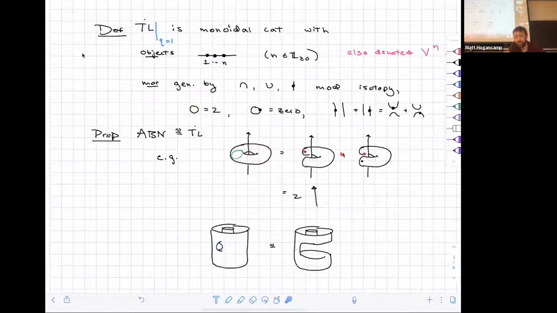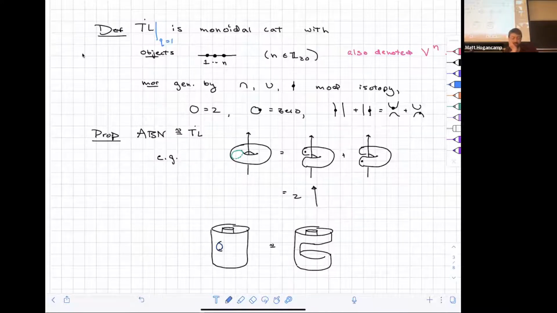The dot is either here or there, but either way, this is a dotted sphere plus a dotted sphere. Each one of those dotted spheres is 1, so we get this relation. So the unknot relation is a cross section of this relation.